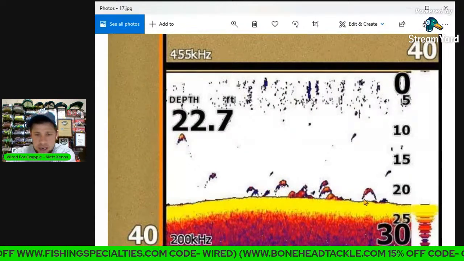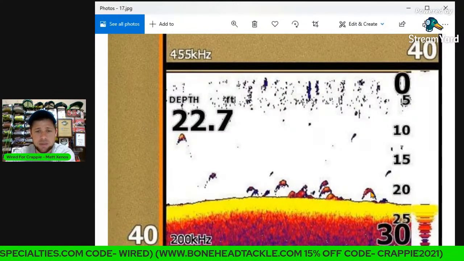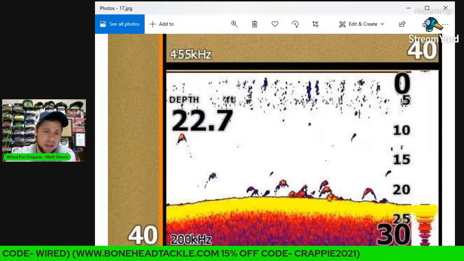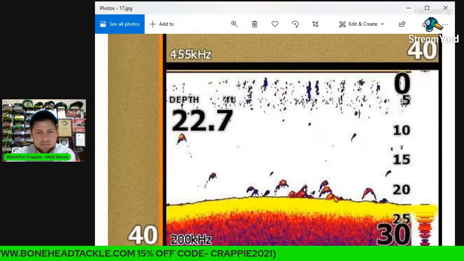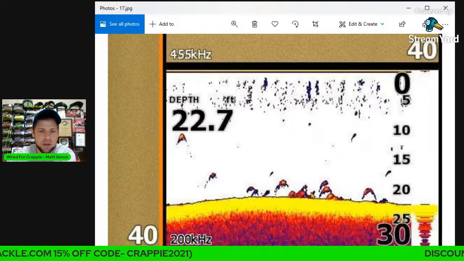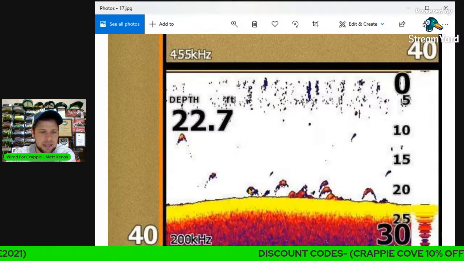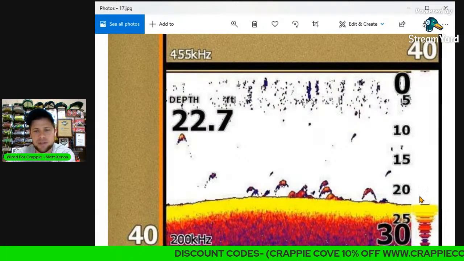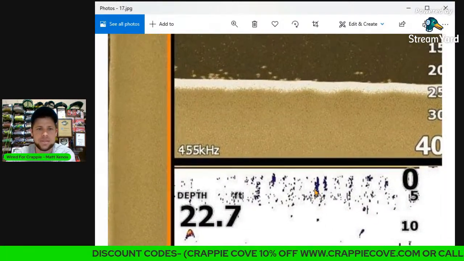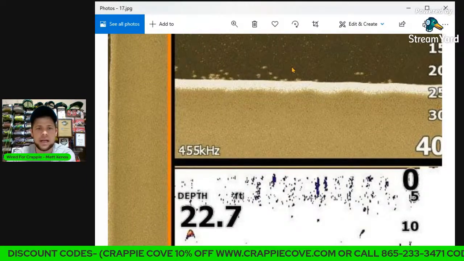Okay. So right here, if you looked at the standard sonar, it's one. Yeah, I don't know if I'd call that a fish. Maybe 2, 3, 4, 5, 6, 7, 8, 9, 10, 11. I'm going to say maybe 11 fish, but we know now that we have down imaging, there are more than 11 fish down there, right, guys?